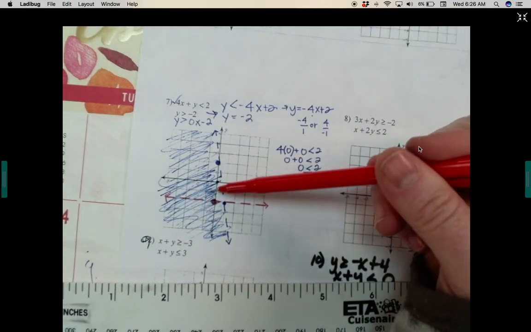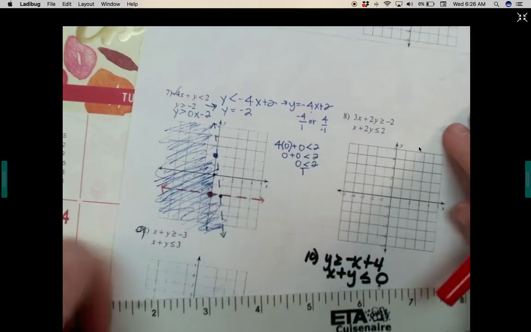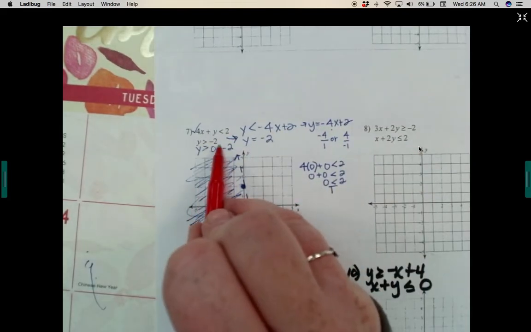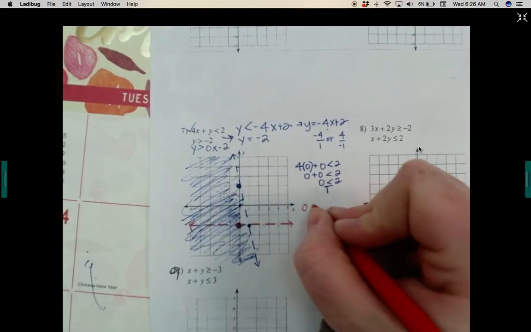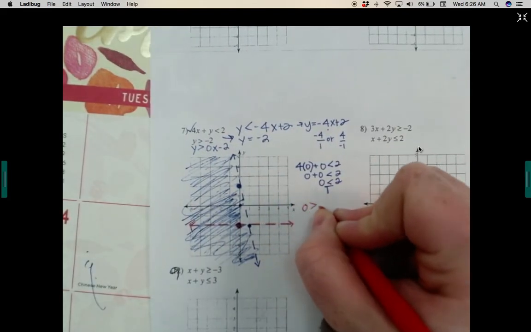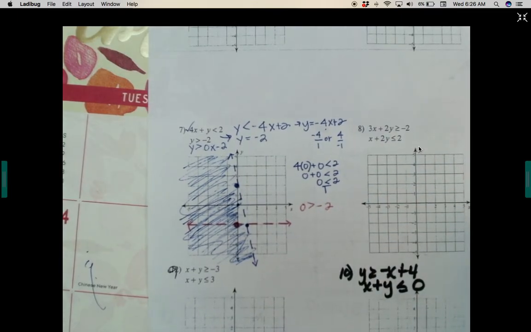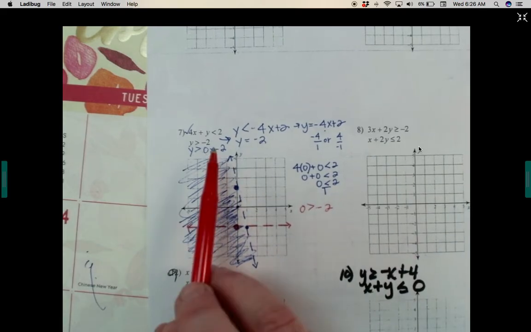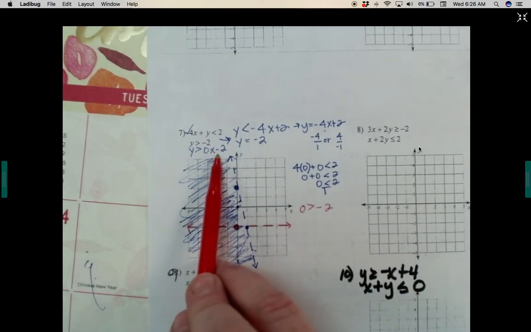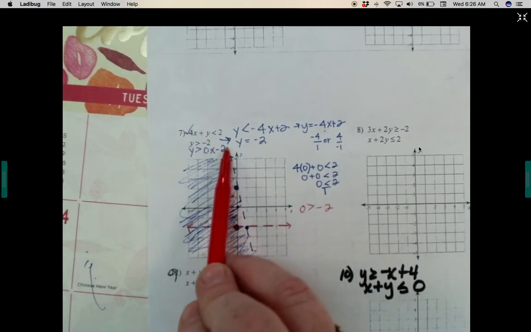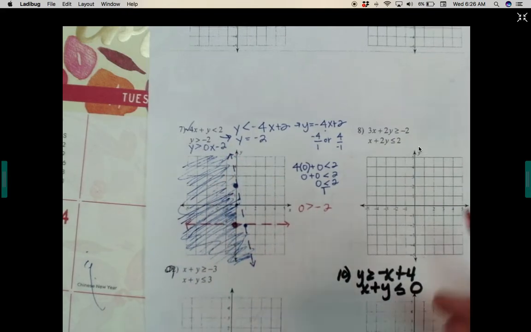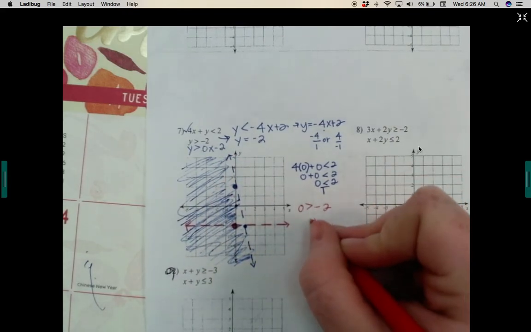I'm still going to use 0, 0 because 0, 0 is not on the line. So I have this, so 0 is greater than negative 2. I don't have an x to plug into it. And even if I did, like if I plugged it into this one, 0 times 0 is 0 times minus 2, sorry, is the same thing as this. So 0 is greater than negative 2, which is true.